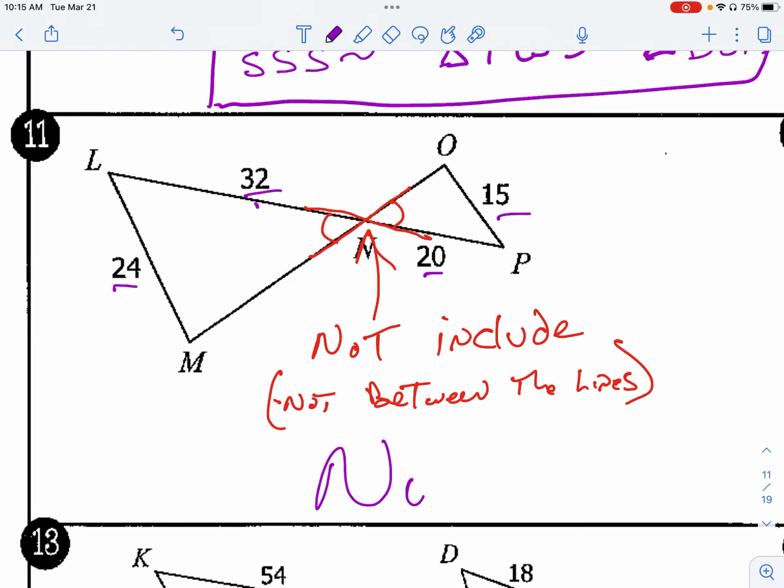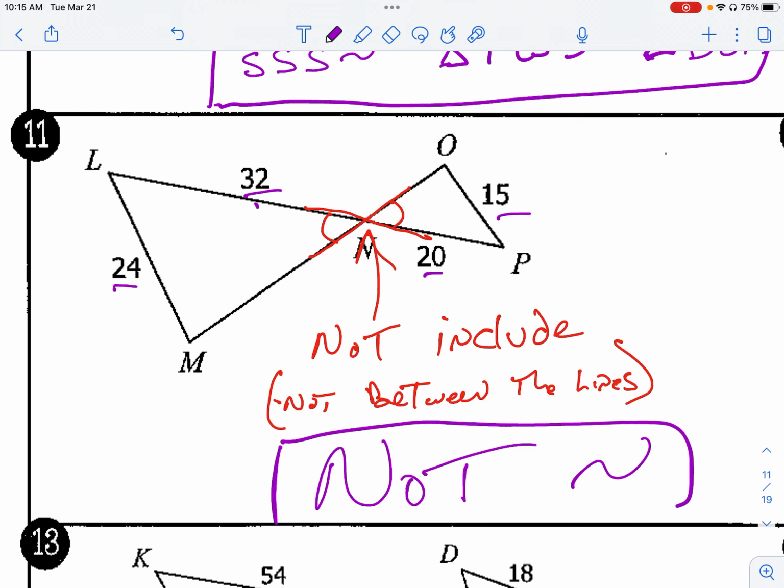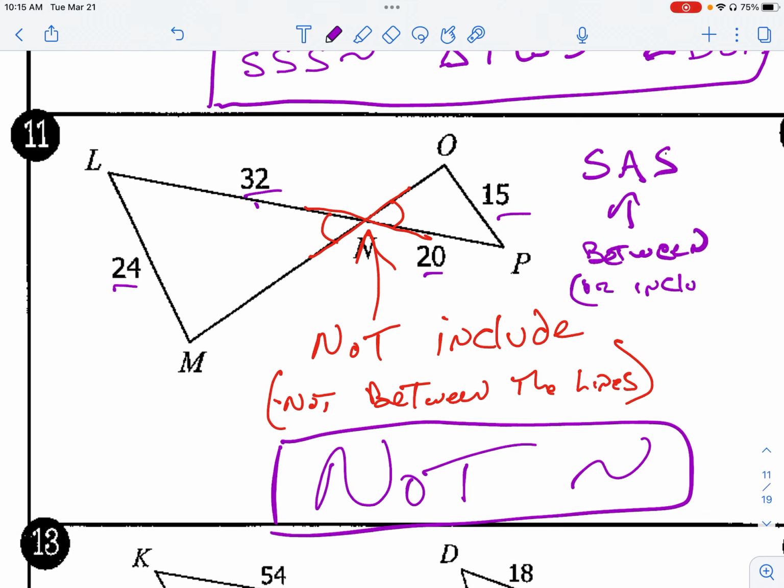So therefore, not congruent, because remember, side, angle, side. The angle has to be included or between. So we do not have similar triangles here.